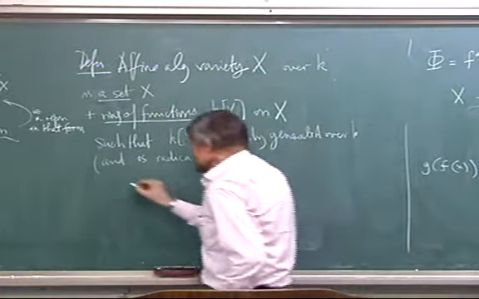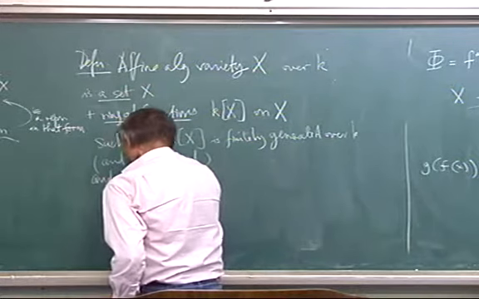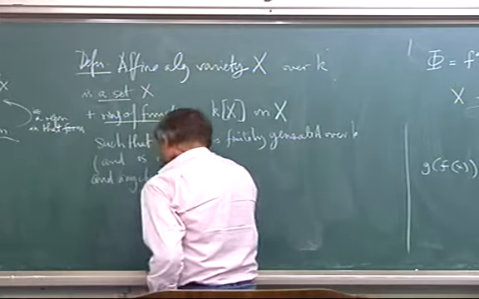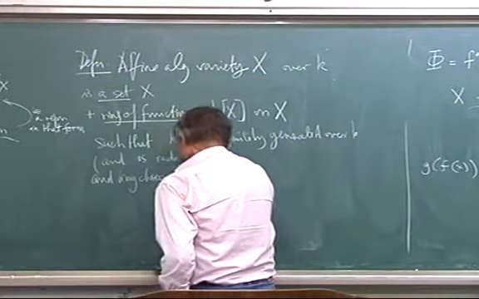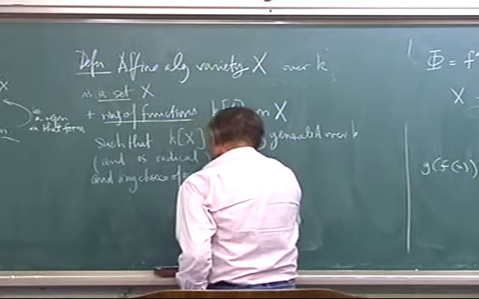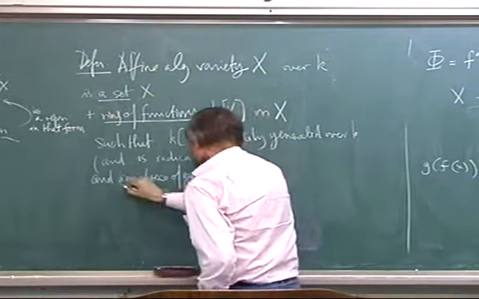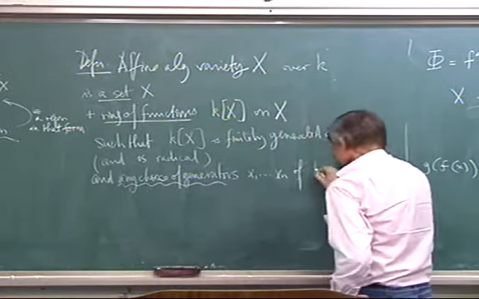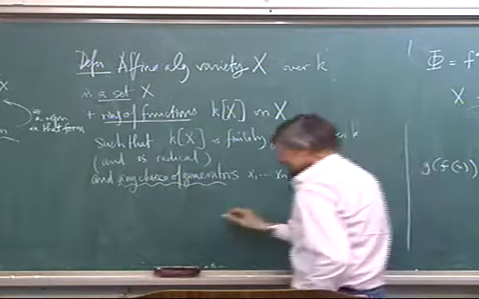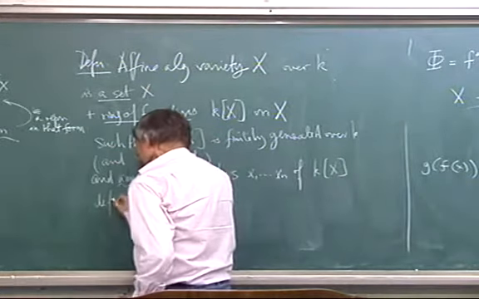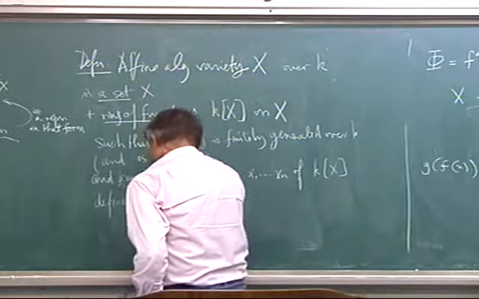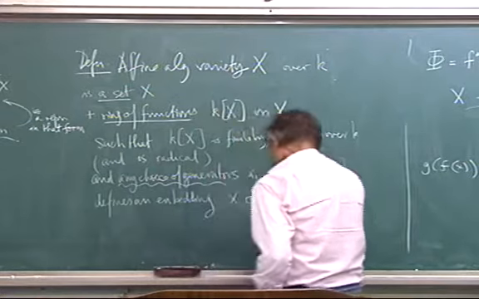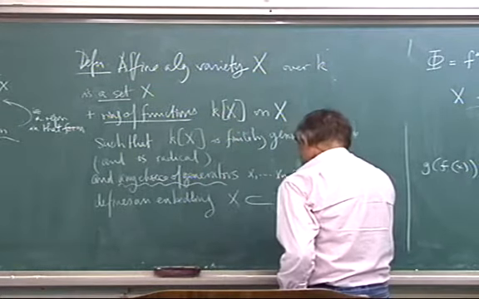And any choice of generators x1 up to xn of K of X defines an embedding of X into A^n of k as an algebraic subset.